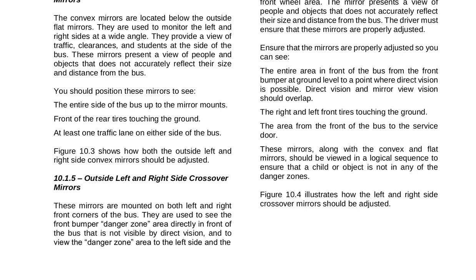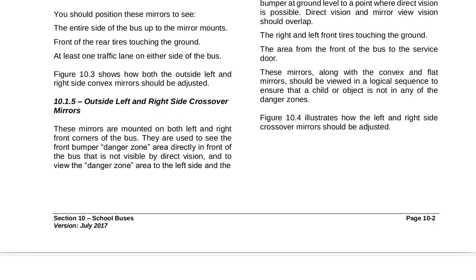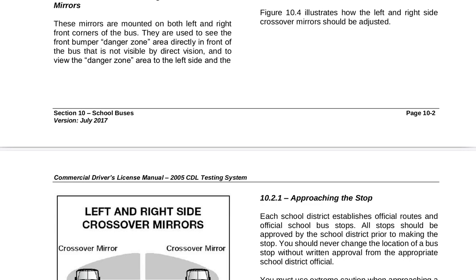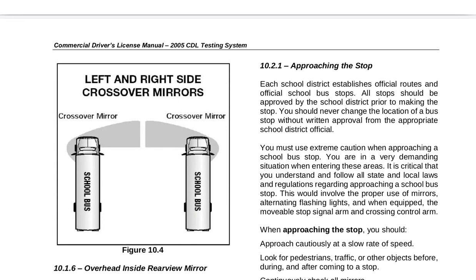These mirrors, along with the convex and flat mirrors, should be viewed in a logical sequence to ensure that a child or object is not in any of the danger zones. Figure 10.4 illustrates how the left and right side crossover mirrors should be adjusted. This is figure 10.4, the crossover mirror.